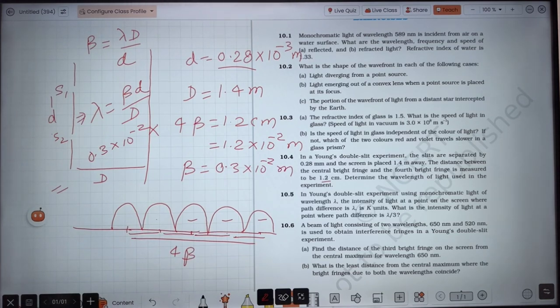So this will give lambda equal to around 6,000 angstrom. You know angstrom is 10 to the power minus 10 meter.